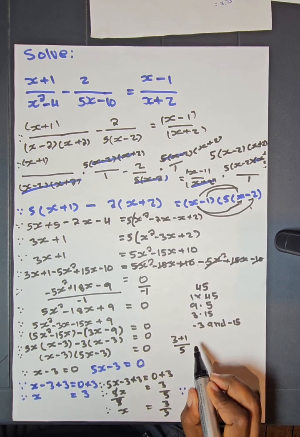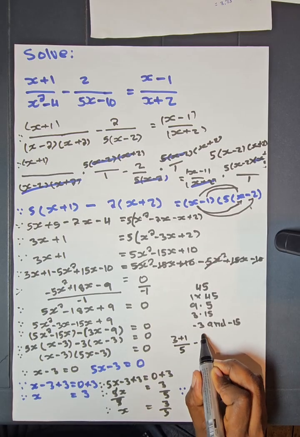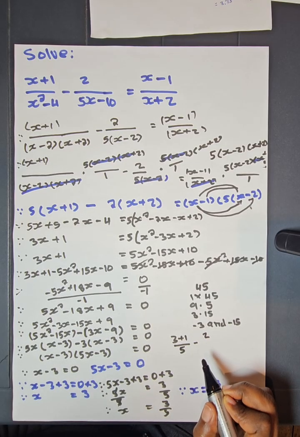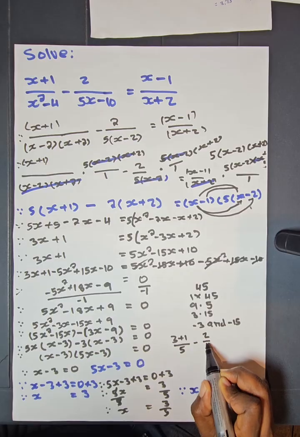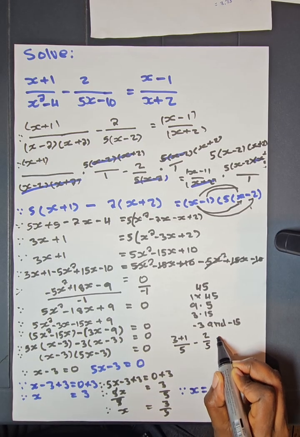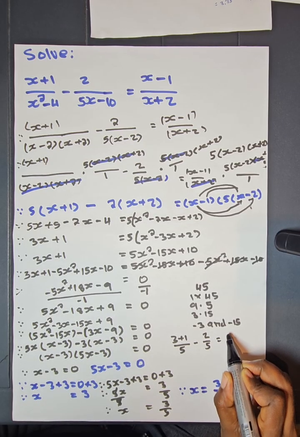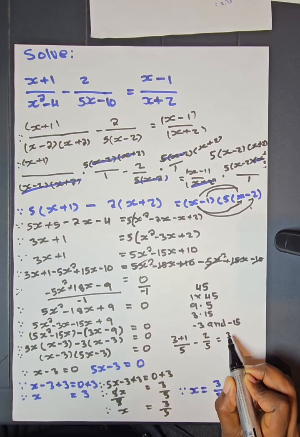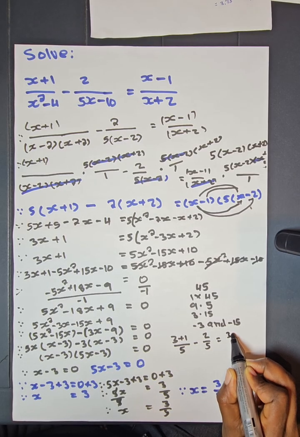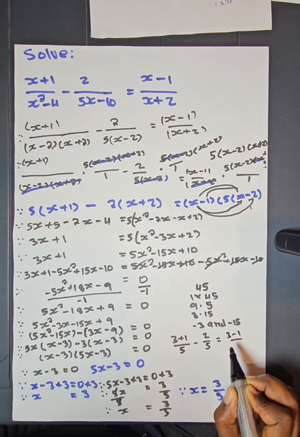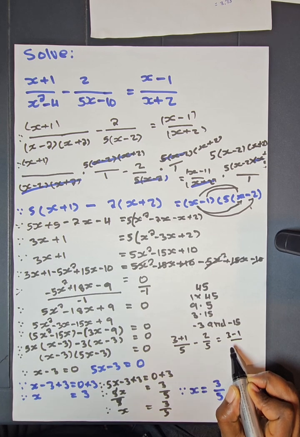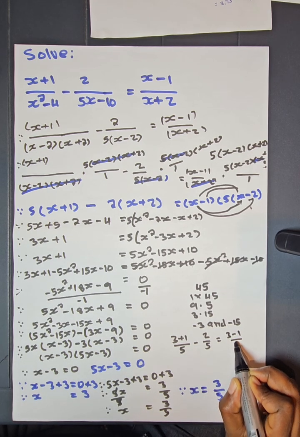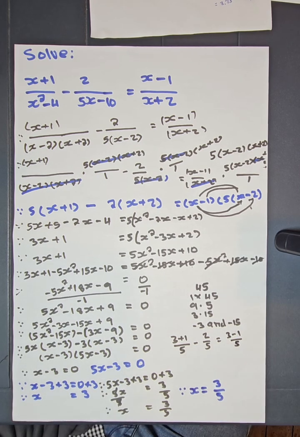Minus 2 over, if you multiply 5 by 3, it's 15. If you take 10 from 15, it is 5 over 5. Equals, x is 3. If you take 1 from 3, it is 2 over 3 plus 2, which is 5.